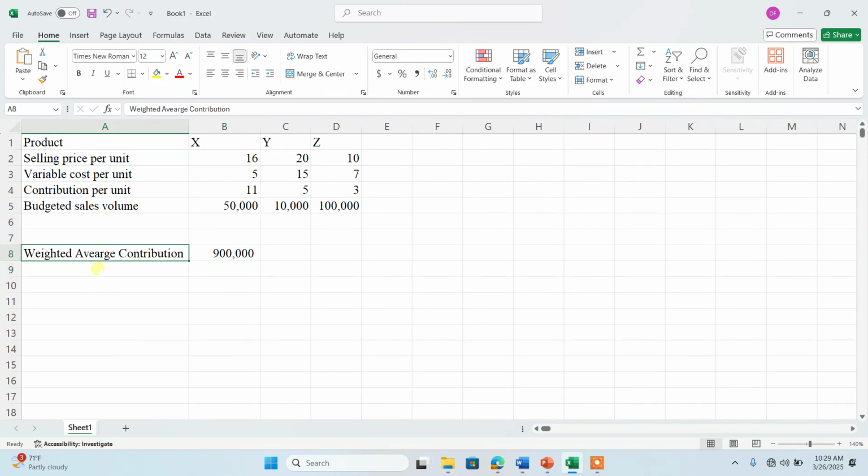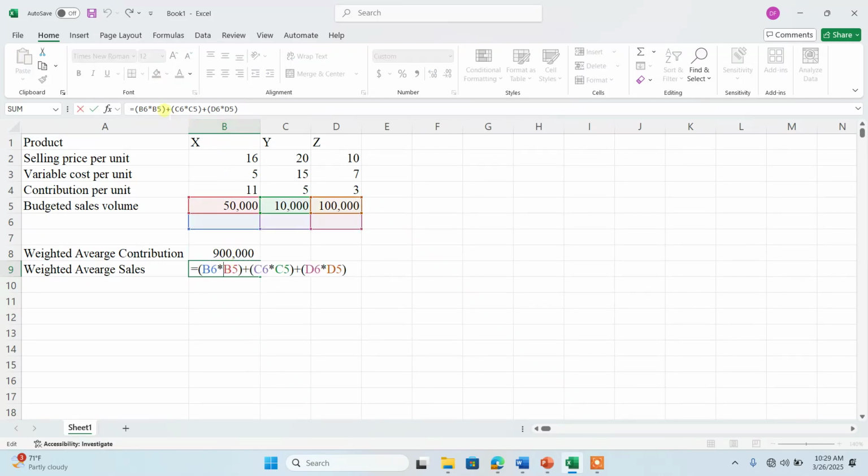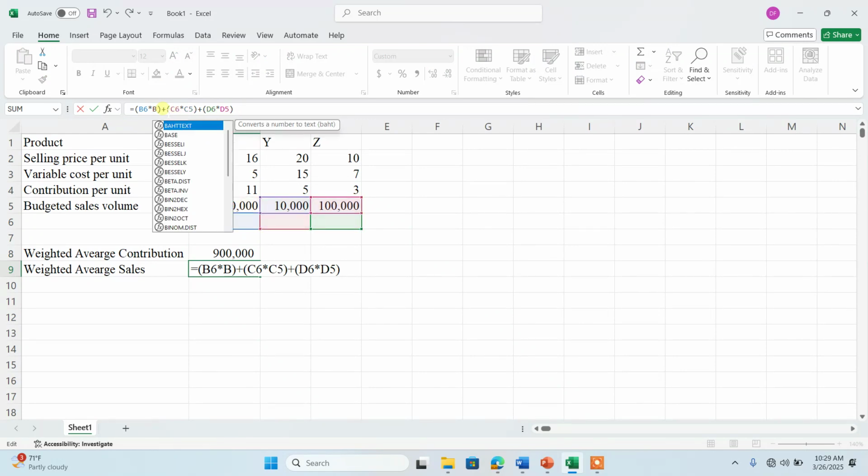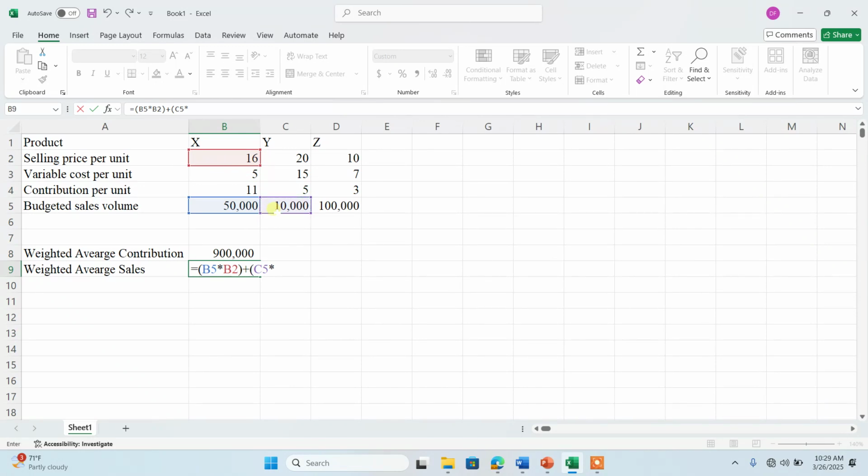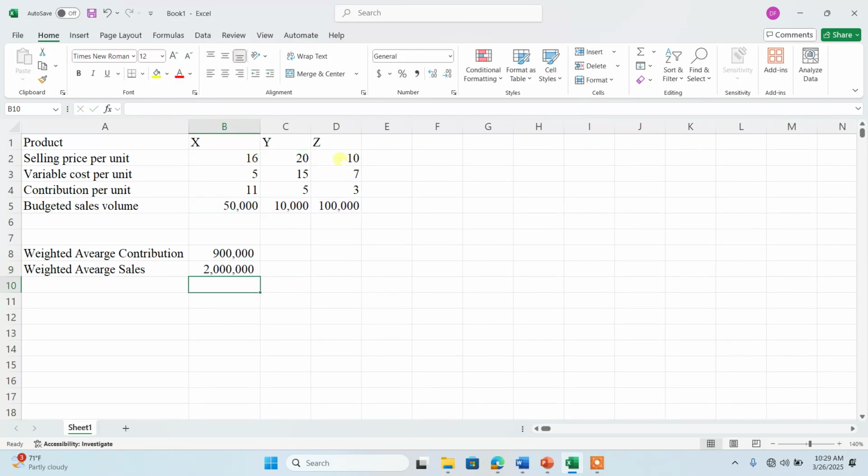Now let's calculate the weighted average sales. Number of units of X multiplied by the sale price of X, plus the number of units of Y multiplied by the sale price of Y, plus the number of units of Z multiplied by the sale price of Z. This way I calculate the weighted average sales.